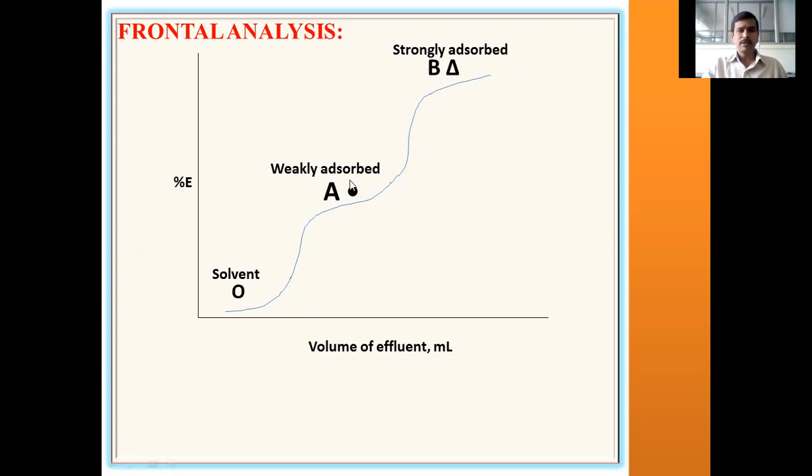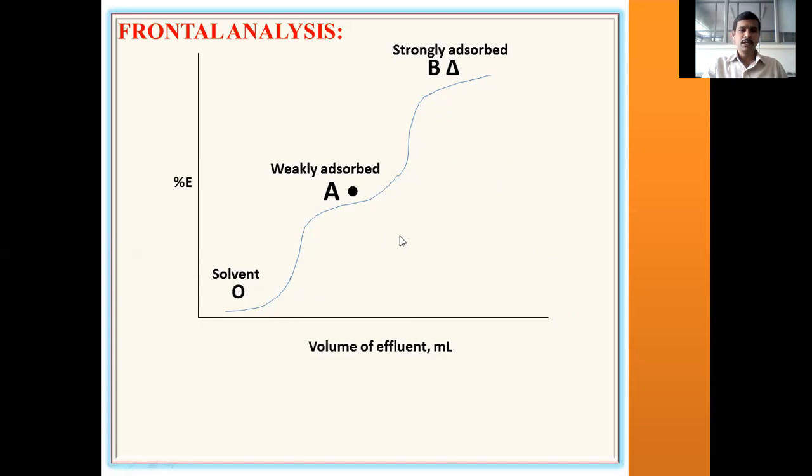So this is the order we can quote during frontal analysis and frontal development of chromatograms, in which, if there are two solutes, one additional peak will be present as a front. This peak is for the mobile phase. So the additional peak will distinguish how many analytes are present. In order to identify the analyte peaks, the mobile phase peak is very important. That's why frontal analysis is very essential.